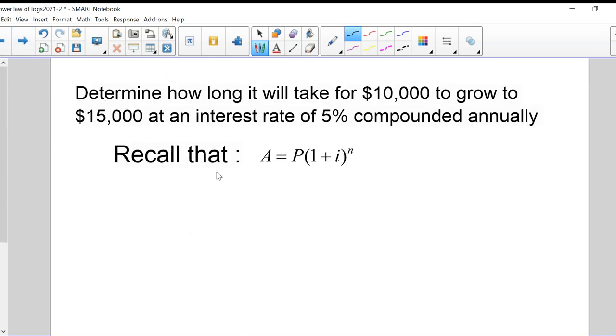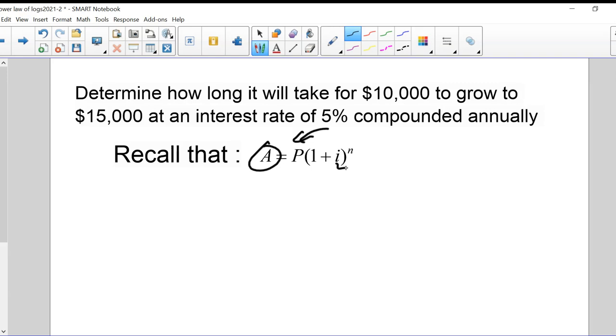Now, let us see how powerful this concept of the power law of logs is as it relates to compound interest. So this formula basically tells you how much money, that's what the A represents, will be in your account if you put in this amount of principal. Principal is the starting amount, right?